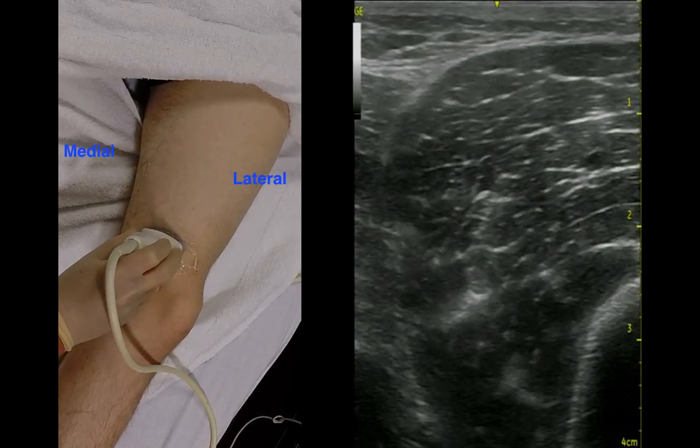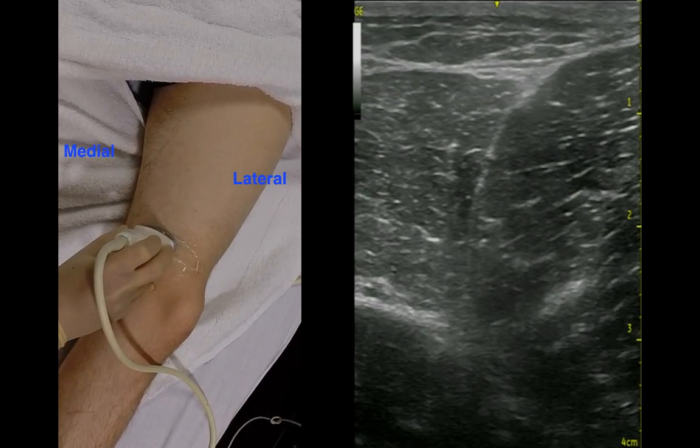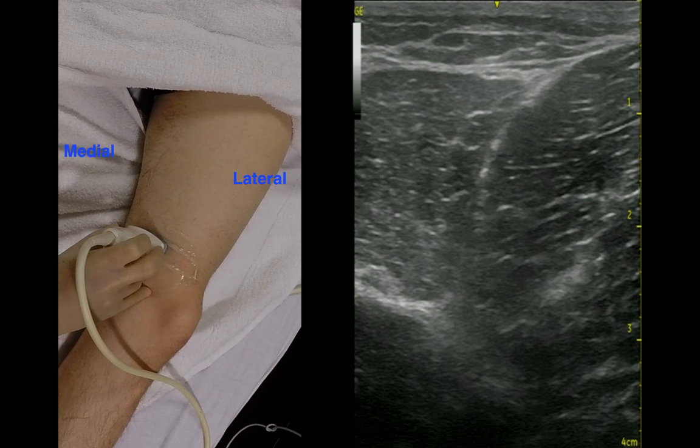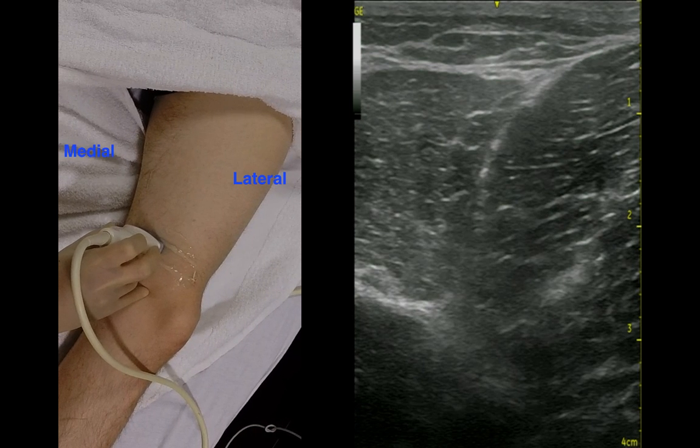The first tissue border encountered is the tissue plane between the vastus medialis and the sartorius muscles that contains the saphenous nerve. Blocking the saphenous nerve at this level is appealing since there are no major blood vessels in proximity to the nerve and the plane is relatively superficial and easily recognized.